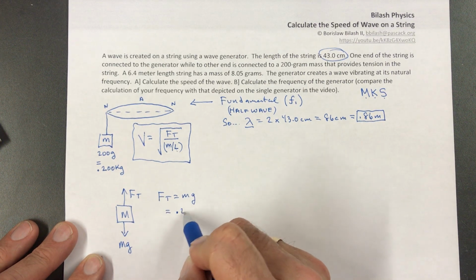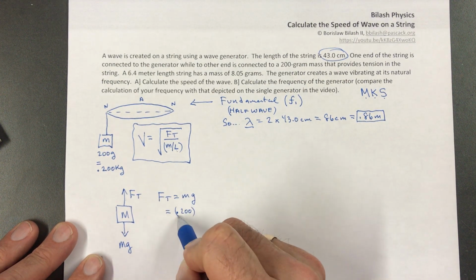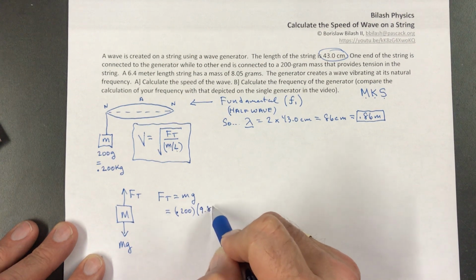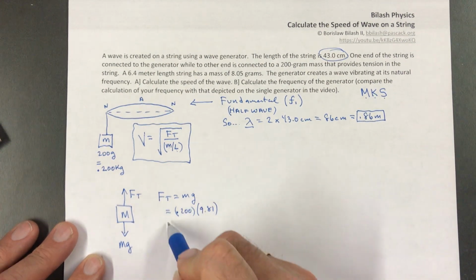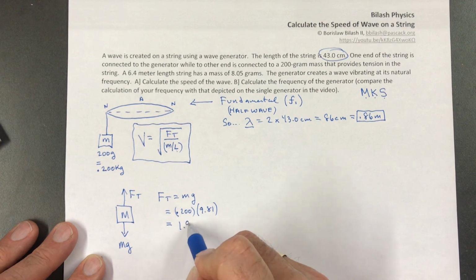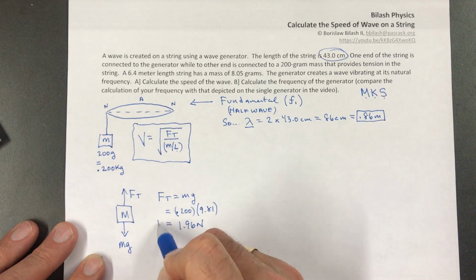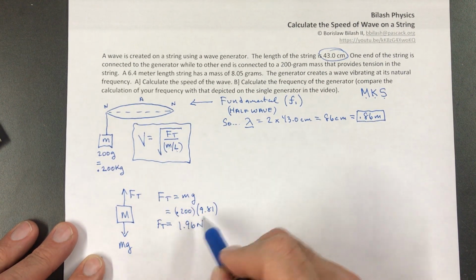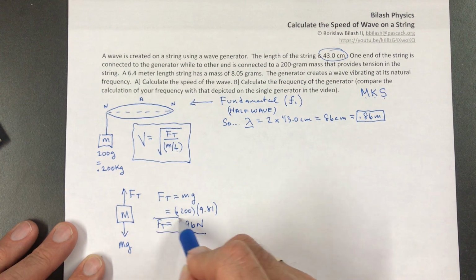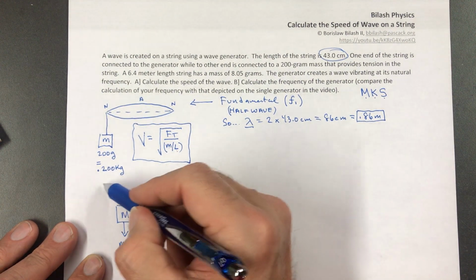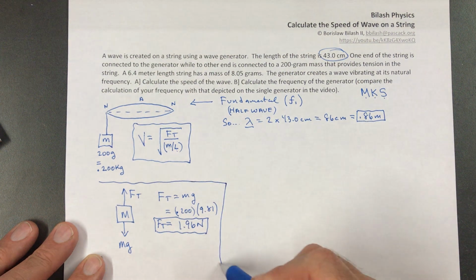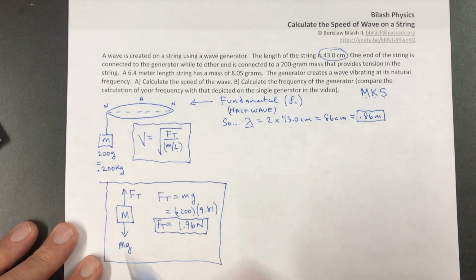And the mass is 0.200 kilograms times 9.81 meters per second squared. And that's equal to 1.96 newtons. So that's what Ft is. Okay, so we're set. So I'm just going to place that in a box because it's a separate calculation.